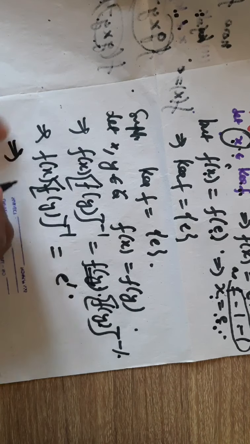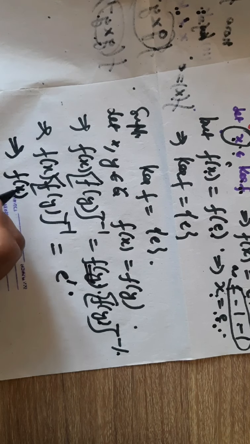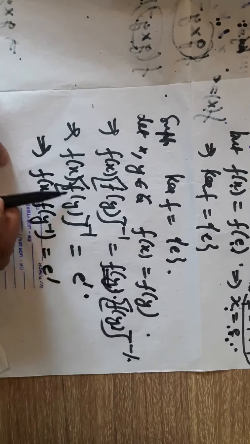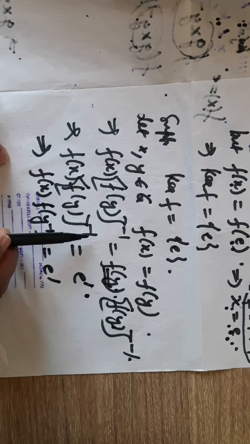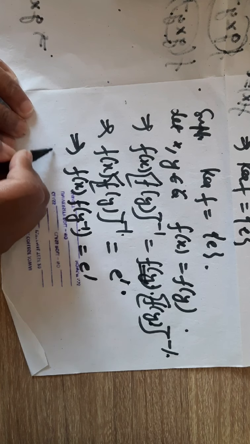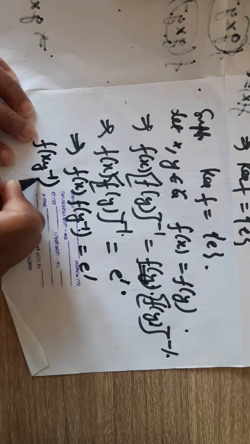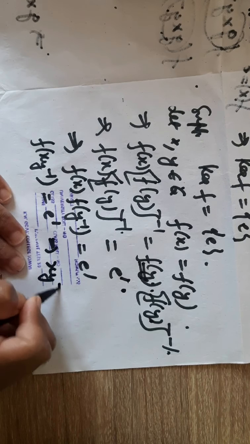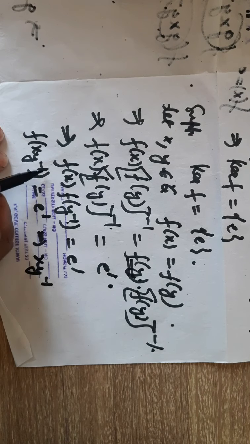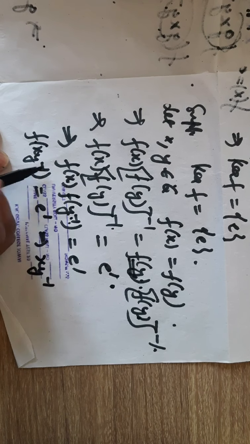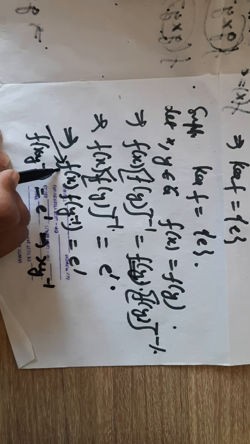And here it implies that f(x) f(y) inverse is equal to e prime. By the second property, f(y) the whole inverse is the same as f(y inverse). So now it implies that f of x y inverse is equal to e prime, because I can write f(x) into f(y inverse) as f(x y inverse), because f is a homomorphism.